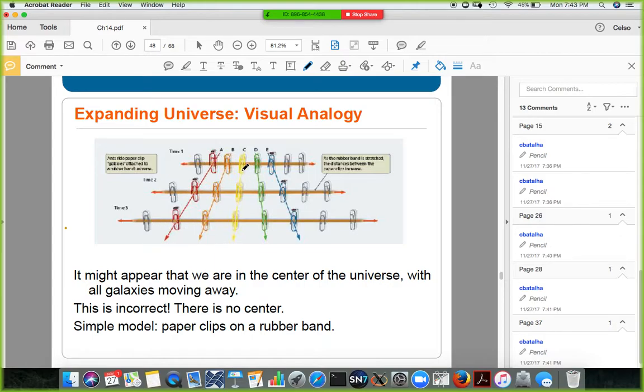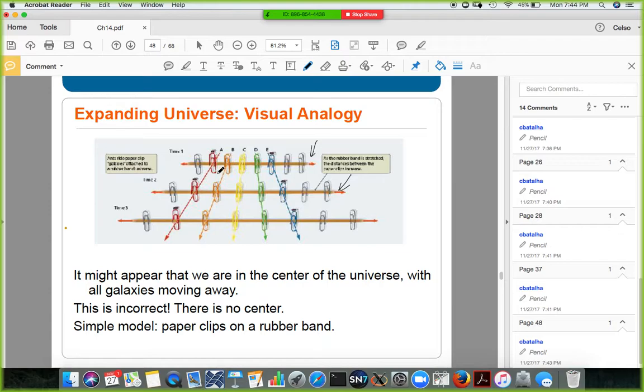So let's say you have a rubber band with paper clips A, B, C, D, as you can see there, and you separate them in a fixed time, let's say, from this configuration to this configuration takes 1 second. Imagine the space doubles during this 1 second.